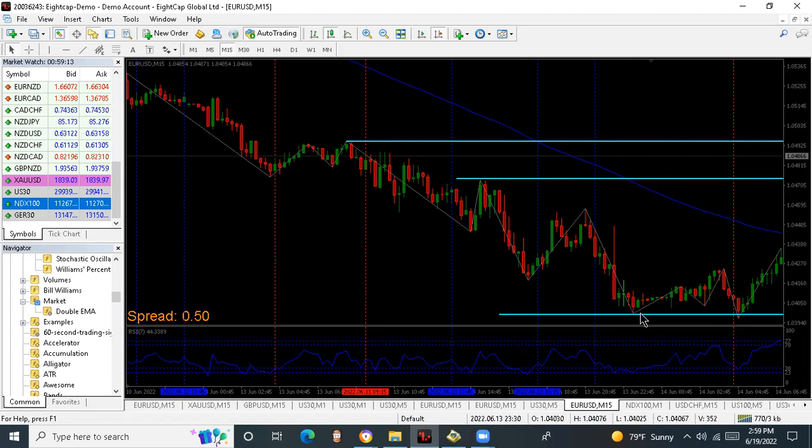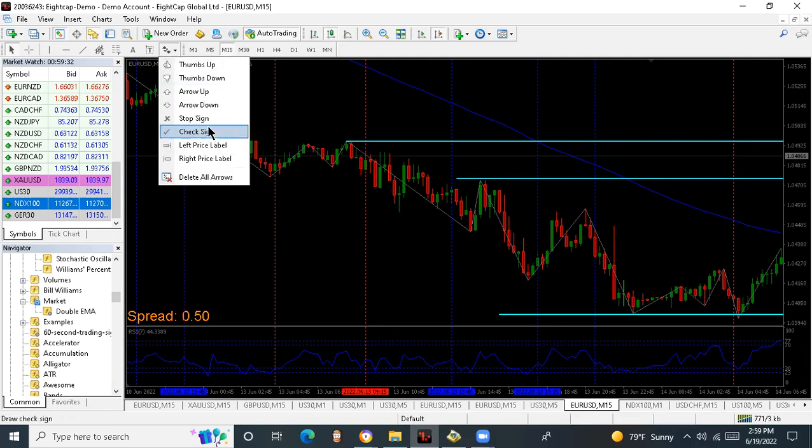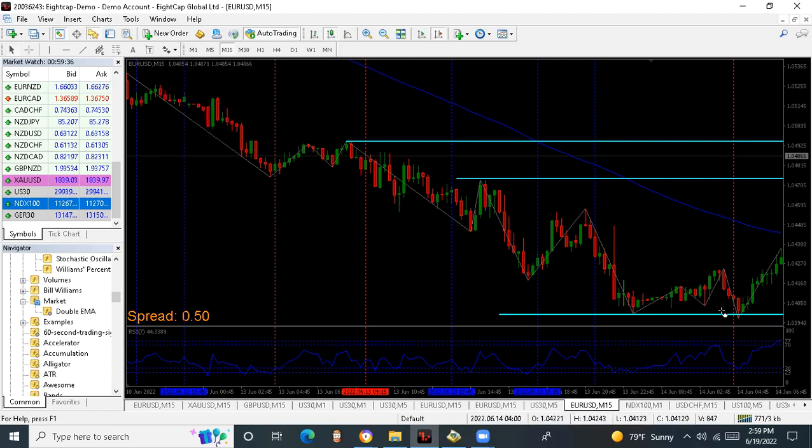We are going to look for a breach of the low of the day, which would be coming in about London session. Right, so this low was breached, this low was breached, which either one of these would have counted for this to be qualified as a setup here. So breached.